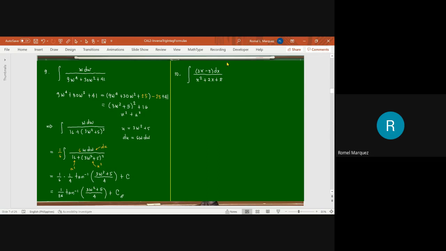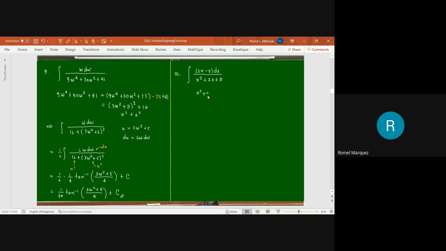So, can we have it d over u? Pag tinignan nyo, 2x plus 2, the derivative. Oh, it's not 3x minus 5. But what we need, 2x plus 2. So, it's not du over u directly. But possible later, no? Let's see. So, this form, this integral actually suggests splitting, no? But how to split this? To split this first, let us manipulate x squared plus 2x.